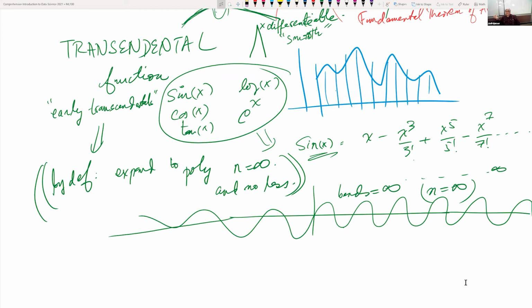Genuinely, if you want to study how God speaks, the language of the creator, and this is a personal belief, it is the transcendental functions. You drop a pebble in the water and you see ripples.